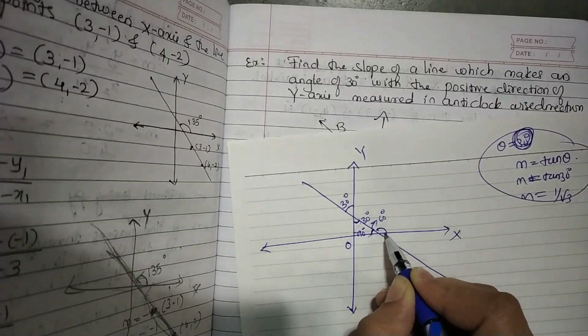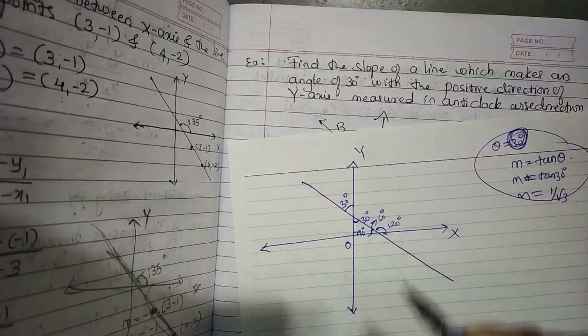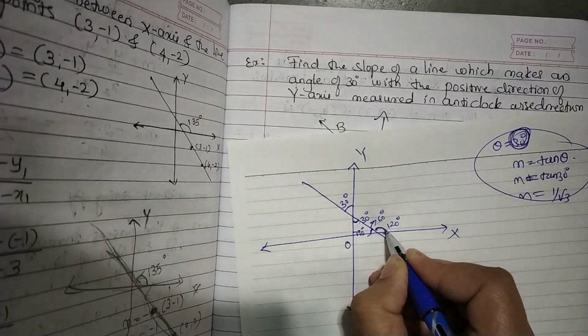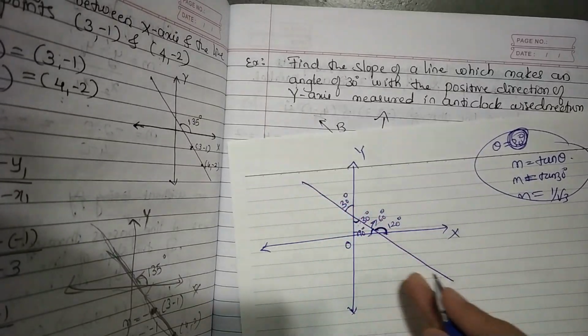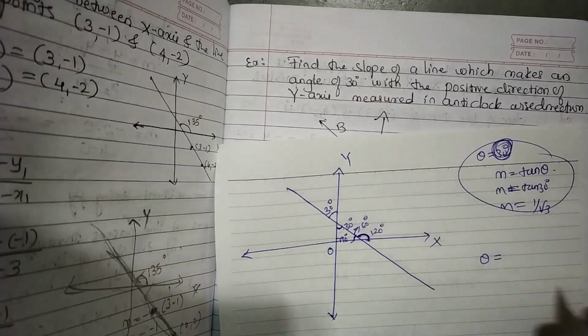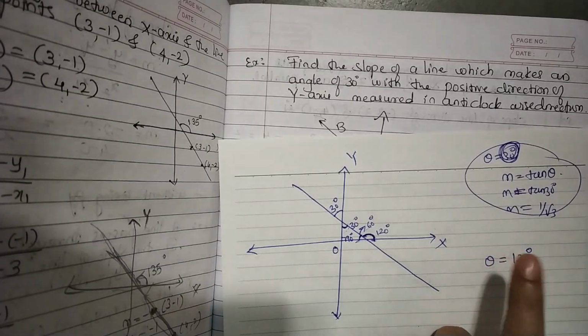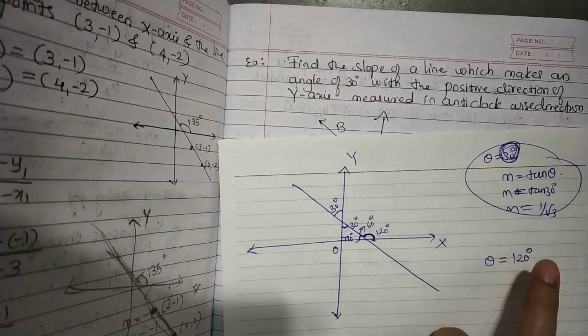If this is 60, then this is 120 degree. So 120 degree is the angle made by the line with the positive direction of the x-axis. Here theta is 120 degree with respect to the x-axis.